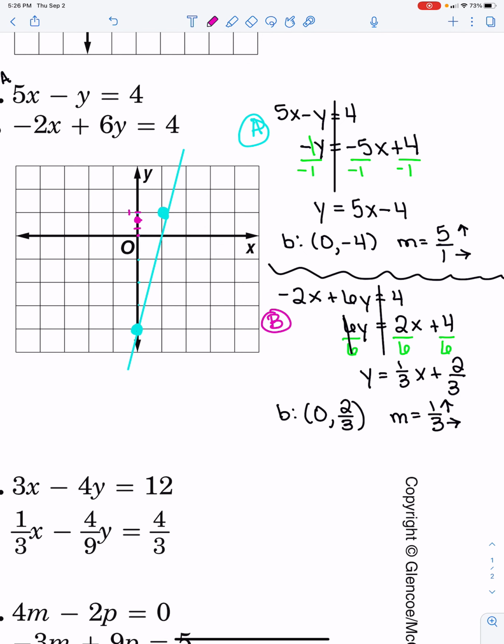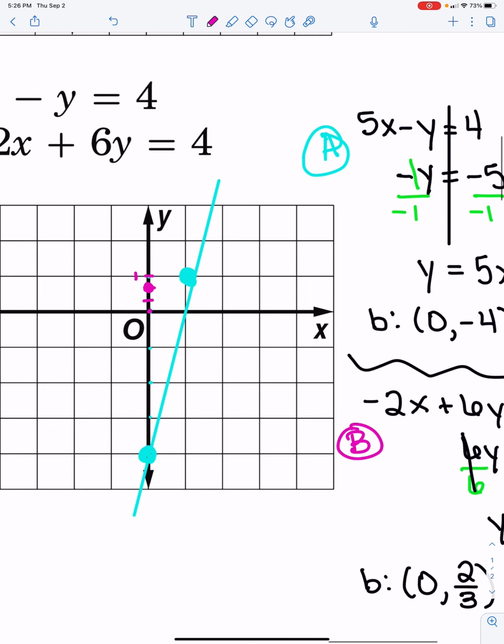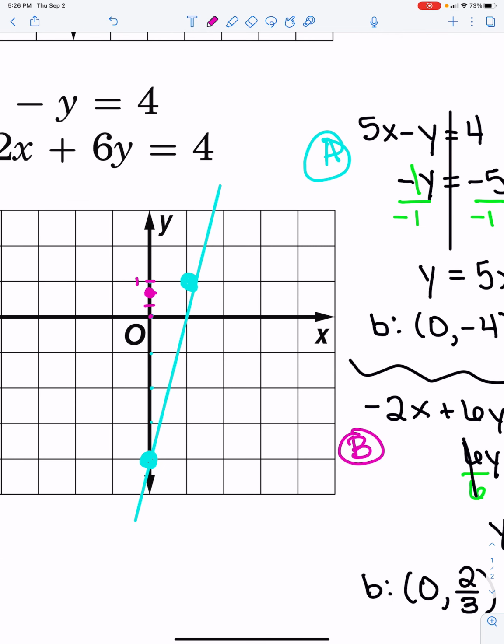And from there, it's going to go up 1, right 3. Okay, so again, we're going to need those little third check marks so we kind of keep ourselves together here. So up 1, right 3. 1, 2, 3. Okay, up 1, right 3. Well, we can't go right 3, we can only go right 2.